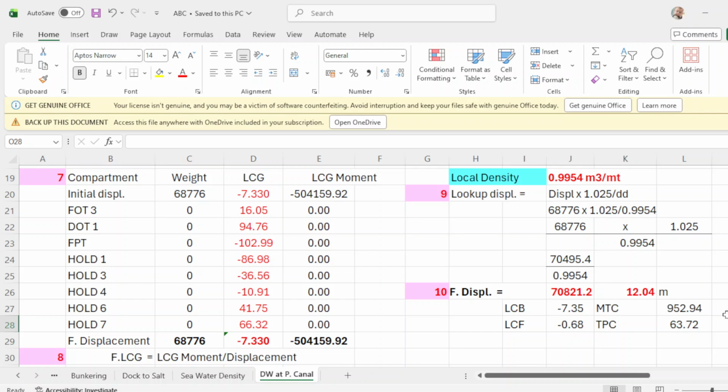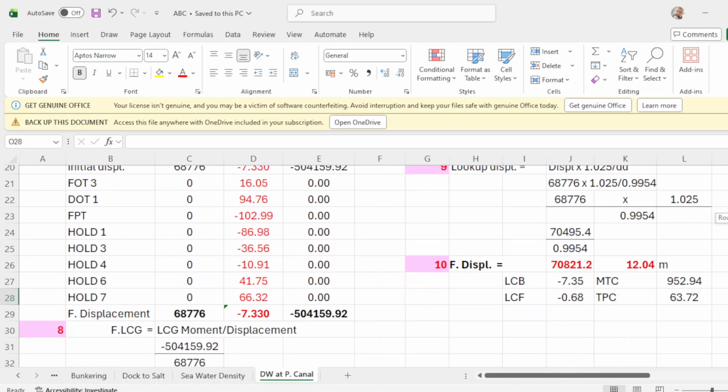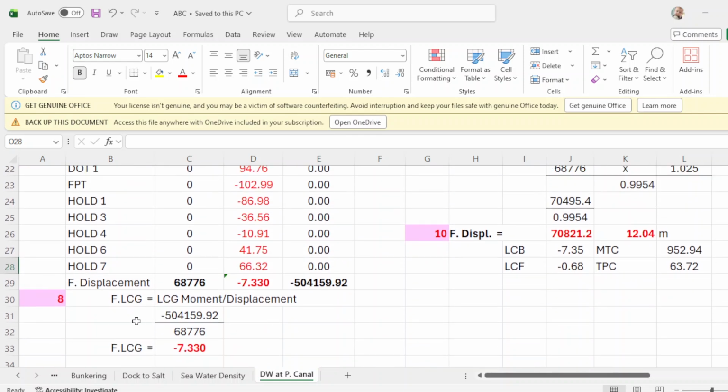So it's the same. Final displacement is 68776 and your LCG moment will also be the same, 504159.92. Okay? After having this final displacement and final LCG moment, we will look for the final LCG. And the final LCG formula is LCG moment over displacement.